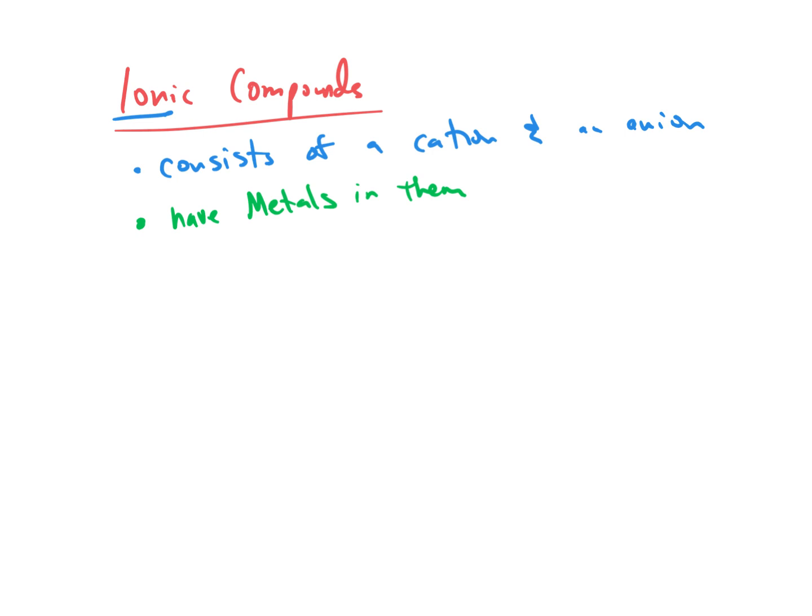Okay, there are some ionic compounds that don't have metals in them, but most of them do. And if it does have a metal in it, it's an ionic compound. Because you'll be asked on the test how to differentiate between an ionic compound and the other kind, which is a covalent compound we'll talk about next time. Okay?